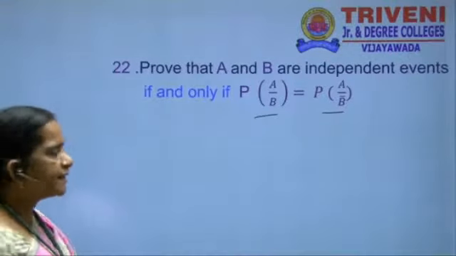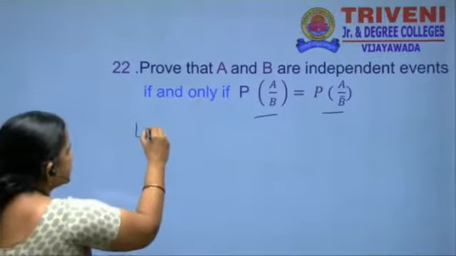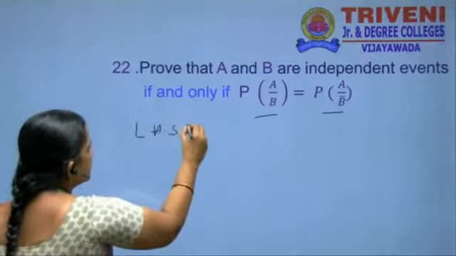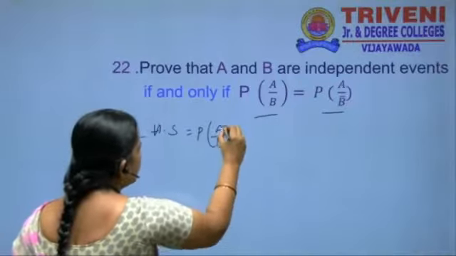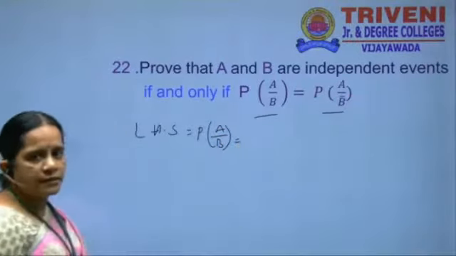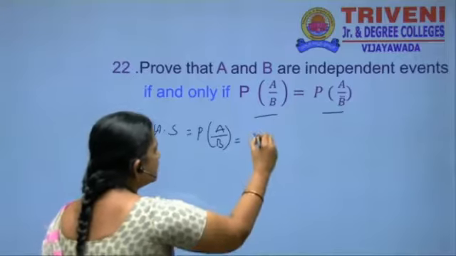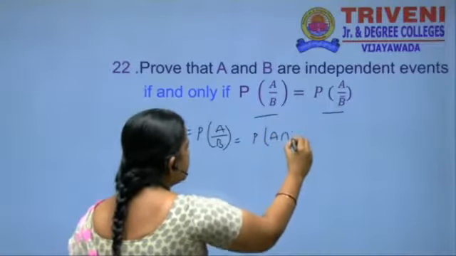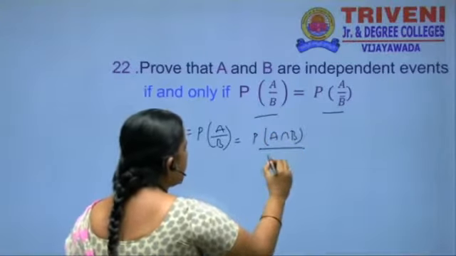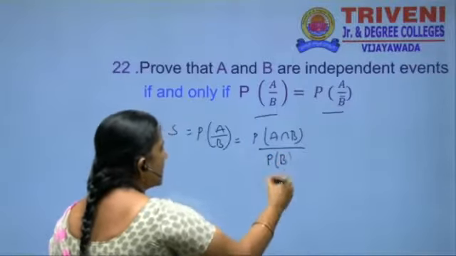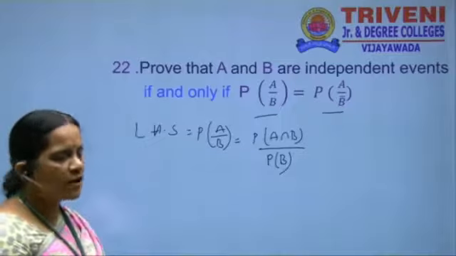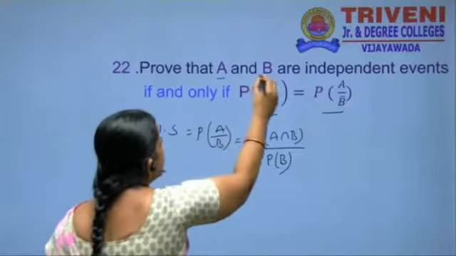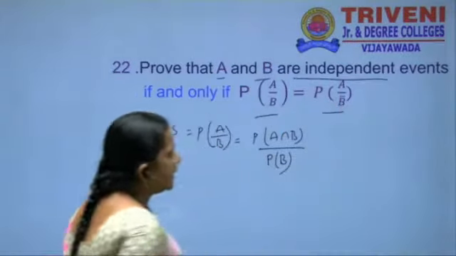First we take the LHS. LHS is P of A by B. This can be written in the multiplication theorem form, that is P of A intersection B by P of B. P of A intersection B can be written as P of A into P of B, because A and B are independent events.